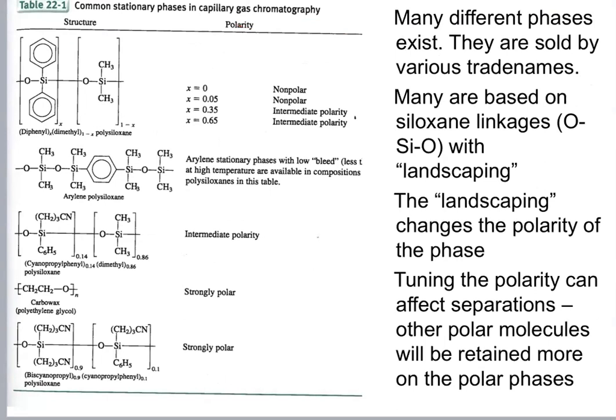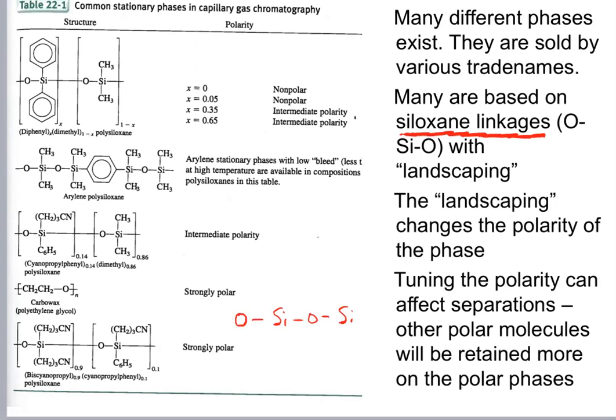Many of these are going to be based on what's called the siloxane linkage, and I want to highlight that first. It's basically a polymer of silicon and oxygen: oxygen, silicon, oxygen, silicon, over and over again, a long chain.